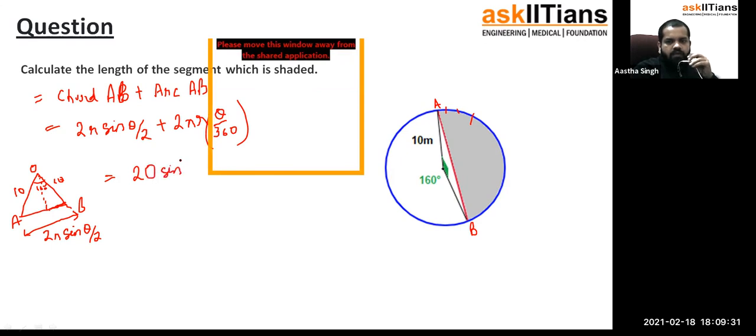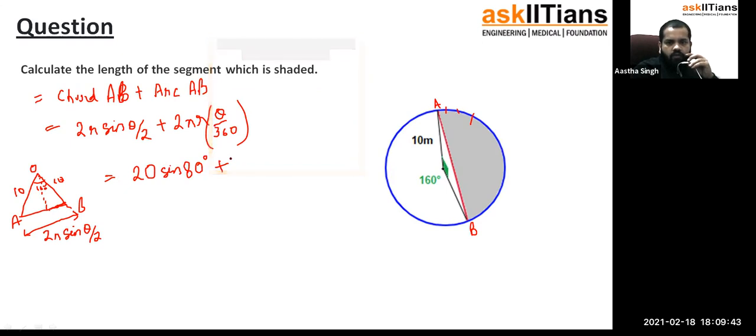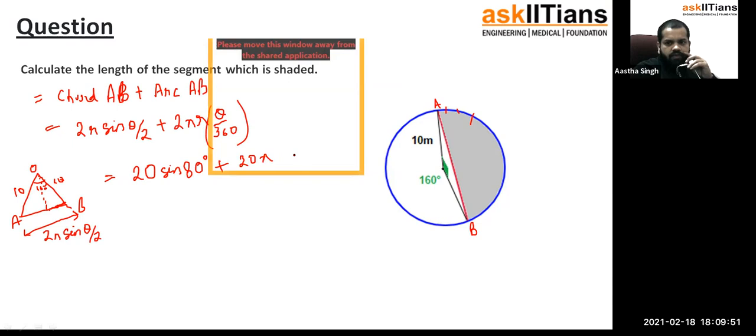Theta is 160, then 160 by 2 will be 80 degrees. Plus 2 pi r. Again r is 10, then 2 into 10 will be 20 pi. 20 pi theta upon 360. Theta is 160, so 160 divided by 360.